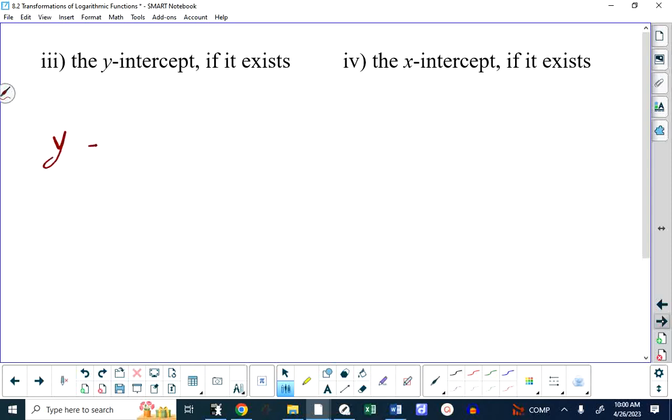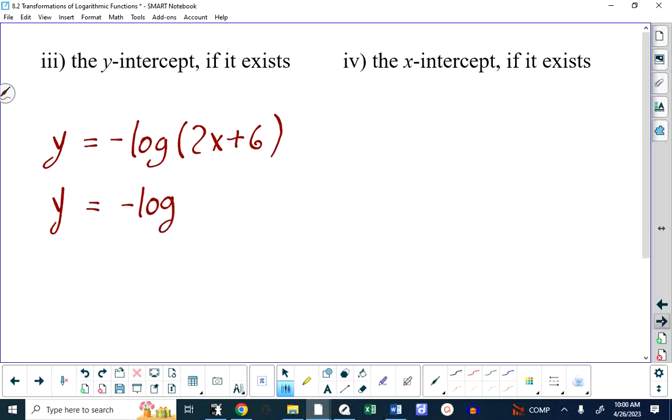I might call on you for your help here. I'm pretty sure I know that this is correct, but can you enlighten me? Okay, so a y-intercept is where x equals 0, negative log, except there's a base there, isn't it? Base 2?